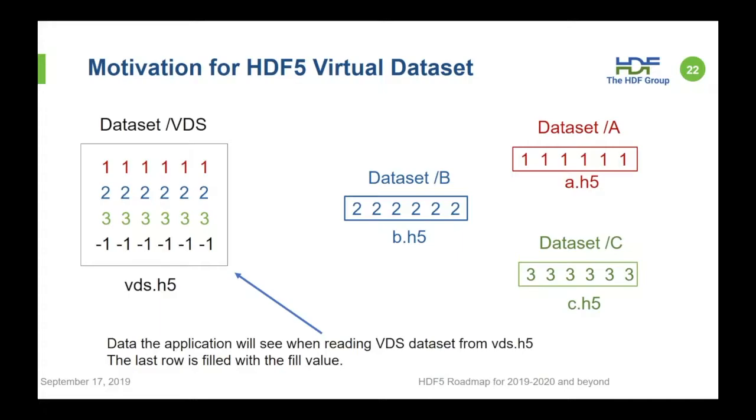And this two-dimensional matrix should be seen by HDF5 applications through regular HDF5 APIs. So just H5D read, H5D write will be able to get data from source data sets sitting somewhere in the file system and present data to the user this way.